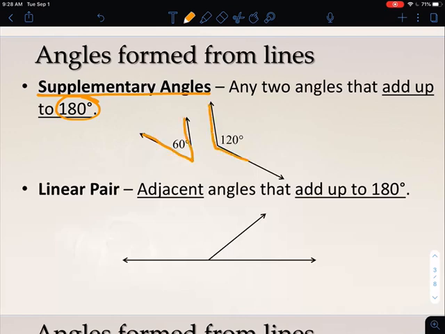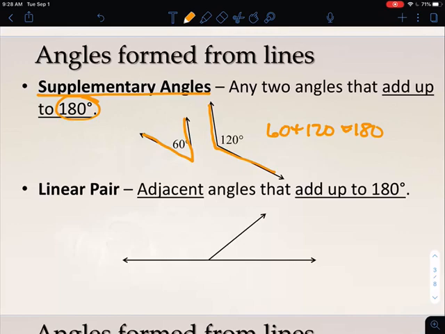First, they could be two angles that have nothing to do with each other. So I have a 60-degree angle and a 120-degree angle. They don't share a side, they don't share a vertex, they don't share anything. But if I take 60 plus 120, I get 180. So if they add up to 180, they're automatically supplementary angles. So make sure you know the difference, complementary 90, supplementary 180.